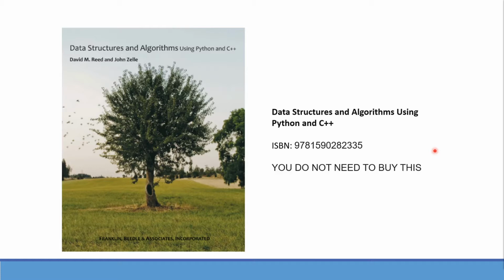Okay, when I was planning the course structure for this class in the months of summer, I actually didn't get the textbook until very recently. So by the time that I got it, I had already figured out most of the lesson plans without the need for a textbook. So you actually don't need to buy this.